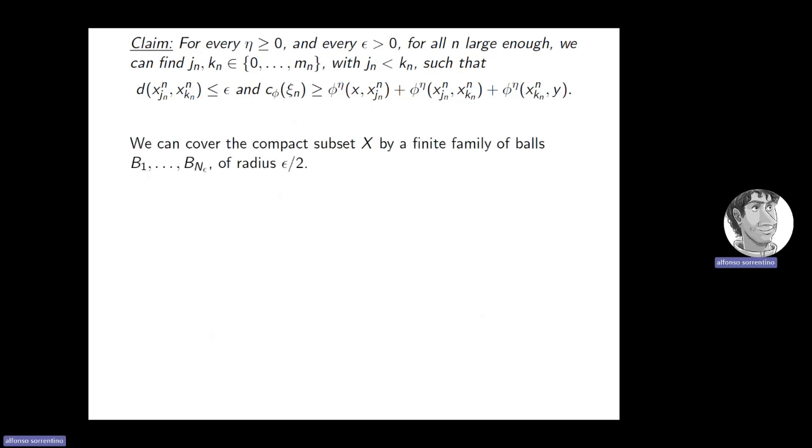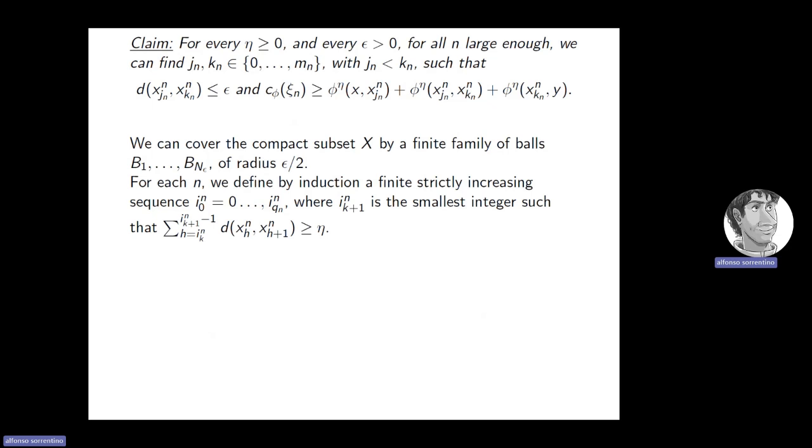So we can cover the subset by a finite family of balls of radius epsilon over 2. For each n, we define by induction a finite strictly increasing sequence, where at each step, if i_k^n is defined, i_{k+1}^n is the first index for which the piece of chain between i_k^n and i_{k+1}^n has length larger than eta.